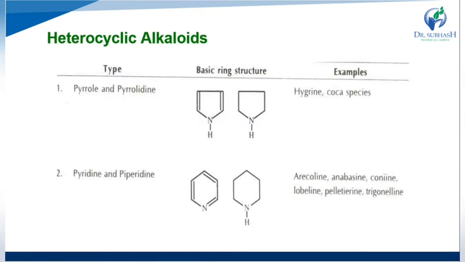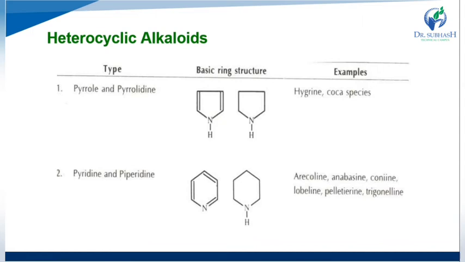Now we see the heterocyclic alkaloids. In heterocyclic alkaloids, some examples are pyrrole and pyrrolidine. These are the two structures. Their examples are coca species and hygrine. Then second one, that is pyridine and piperidine.